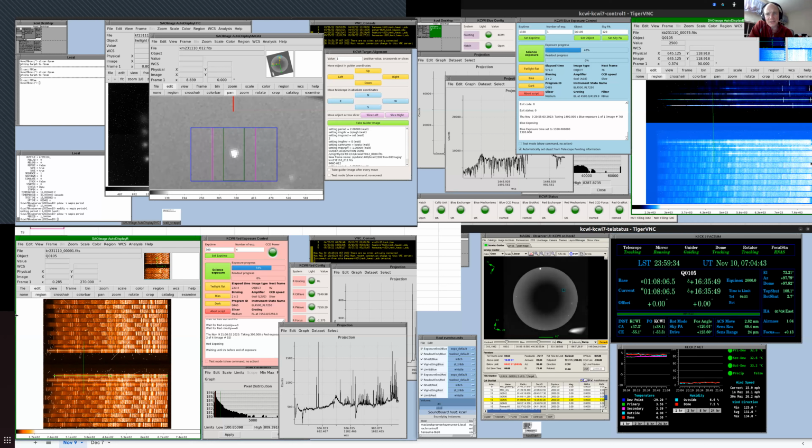Waimea is at an altitude of about 4,000 feet, so it's perfectly nice altitude to be at. You're not going to be deprived of oxygen. But they're using the same VNC software that I am, so they are accessing computers on the summit of Mauna Kea.